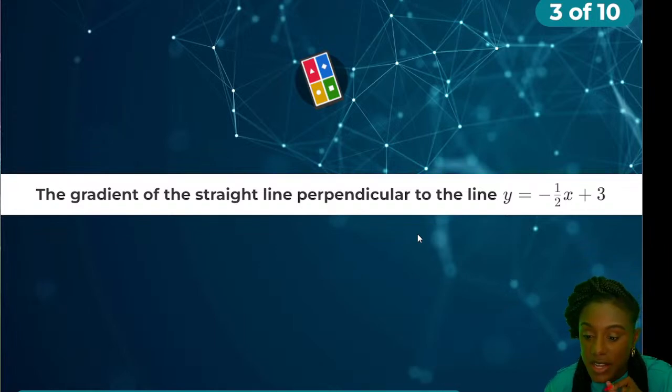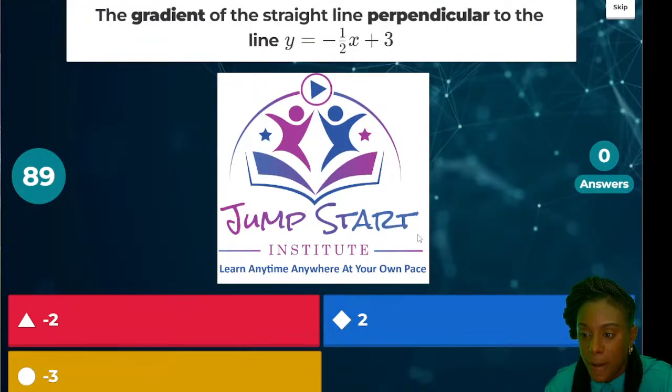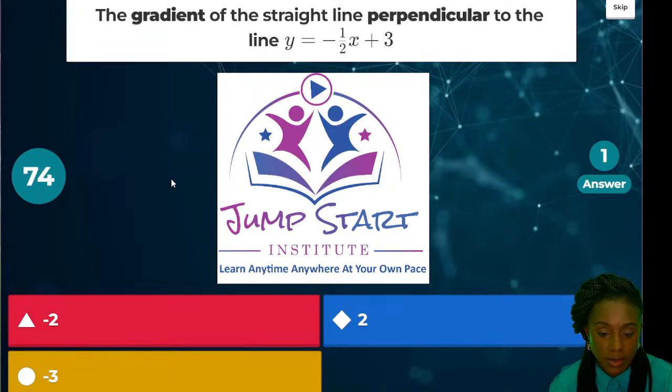The gradient of the straight line perpendicular to the line y is equal to negative a half x plus 3. What is the gradient of the line that is perpendicular?